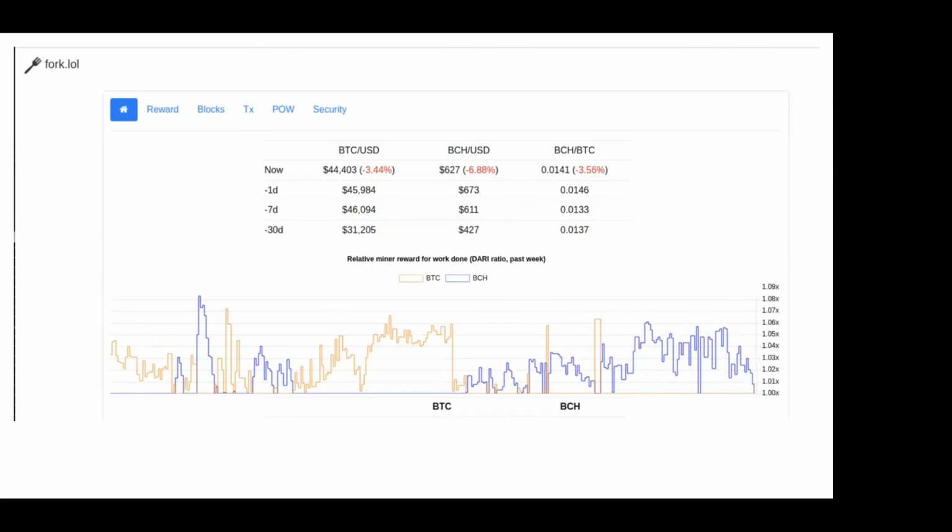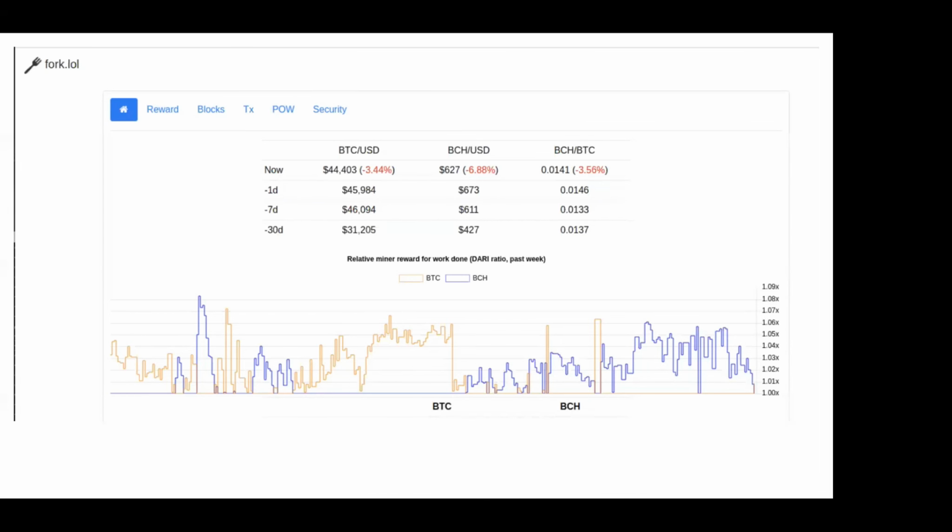This chart is interesting. This was from the Bitcoin and Bitcoin Cash divergence. What happened? This illustrates how the difficulty changed. So the two networks split, and initially Bitcoin Cash, the new network, had very few miners, so the difficulty dropped way down, which meant that it was easy to produce a block.